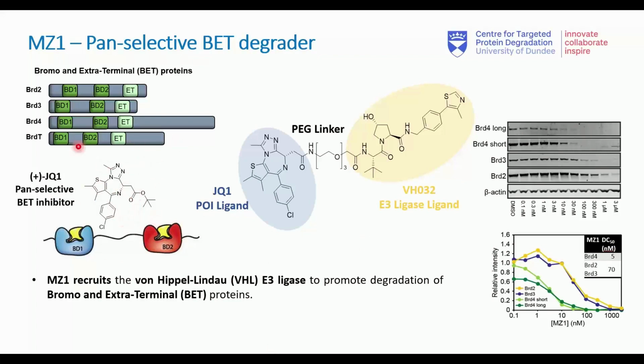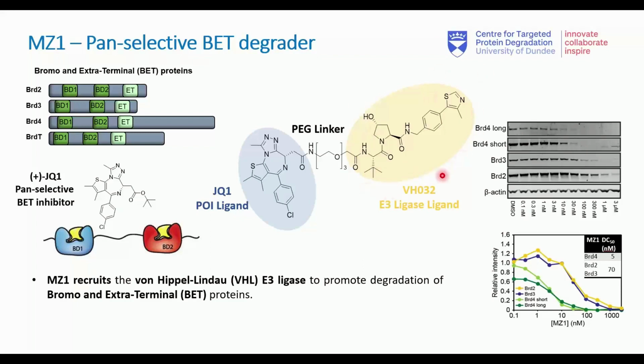So JQ1 here is a pan-selective inhibitor for the BET proteins. And when it's pan-selective, it means it can bind to these highly conserved bromodomains, which are found in all four BET proteins. So we take this ligand and we connect it to an E3 ligase ligand, which in this case is the von Hippel-Lindau E3 ligase.